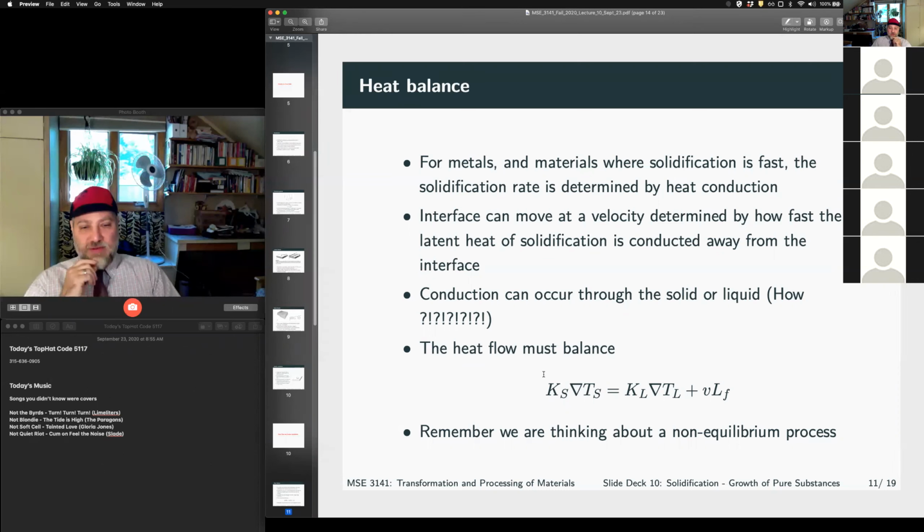So we have our heat conduction times our gradient of our temperature in the solid has to equal our conductivity coefficient times our heat conduction in the liquid, plus the generation of the heat of fusion, and that's going to be proportional to the velocity of the interface. And because we have an undercooling, we're talking about a non-equilibrium process here. Always keep that in mind.